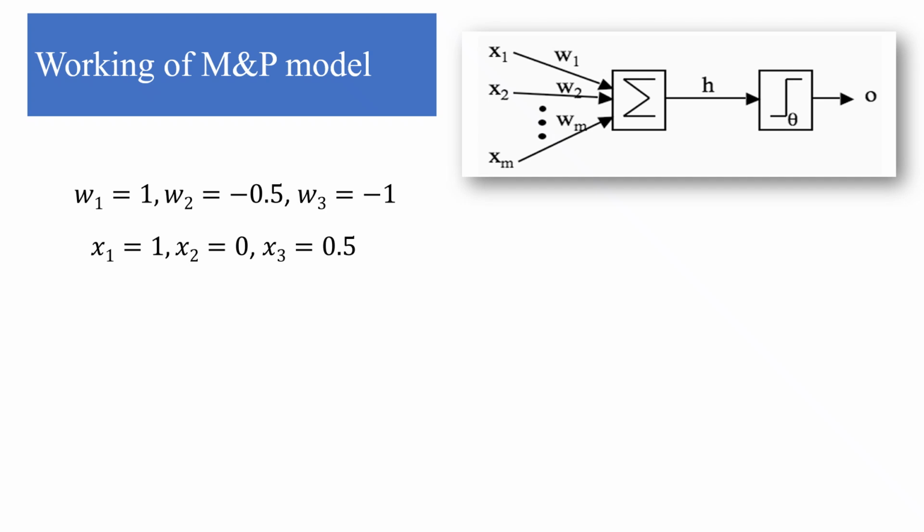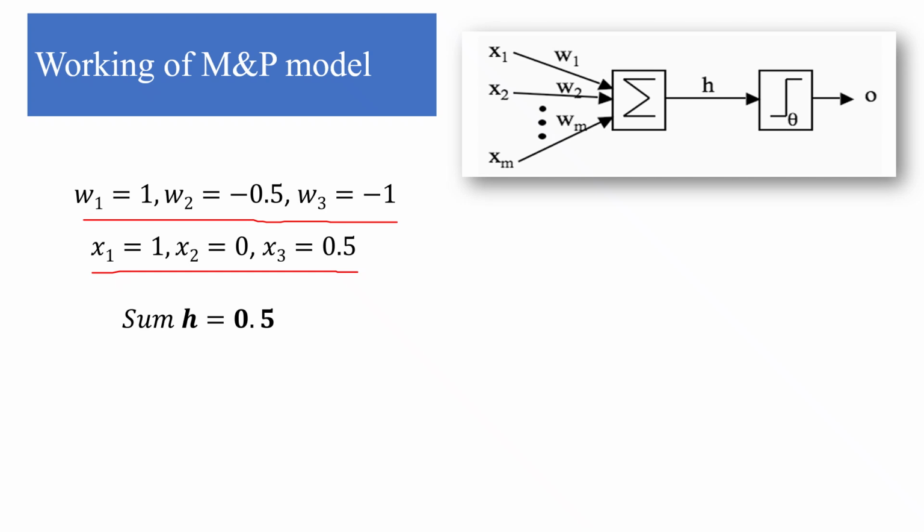Now we see the working by a simple example. We have taken three weights and three input values. w1 multiplies x1, which is 1, w2 multiplies x2, which is 0, w3 multiplies x3, which is 0.5. So we get the sum as 0.5.